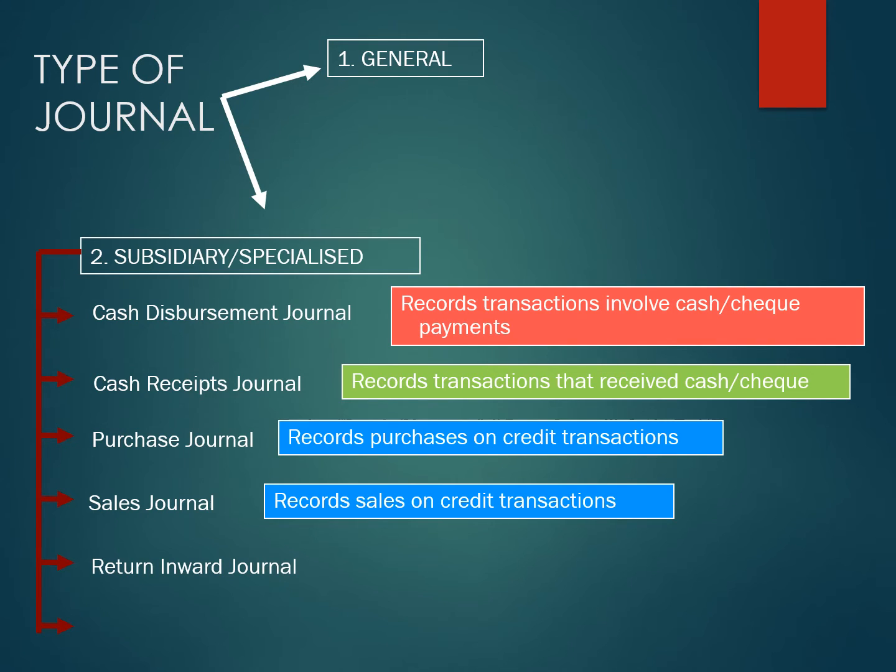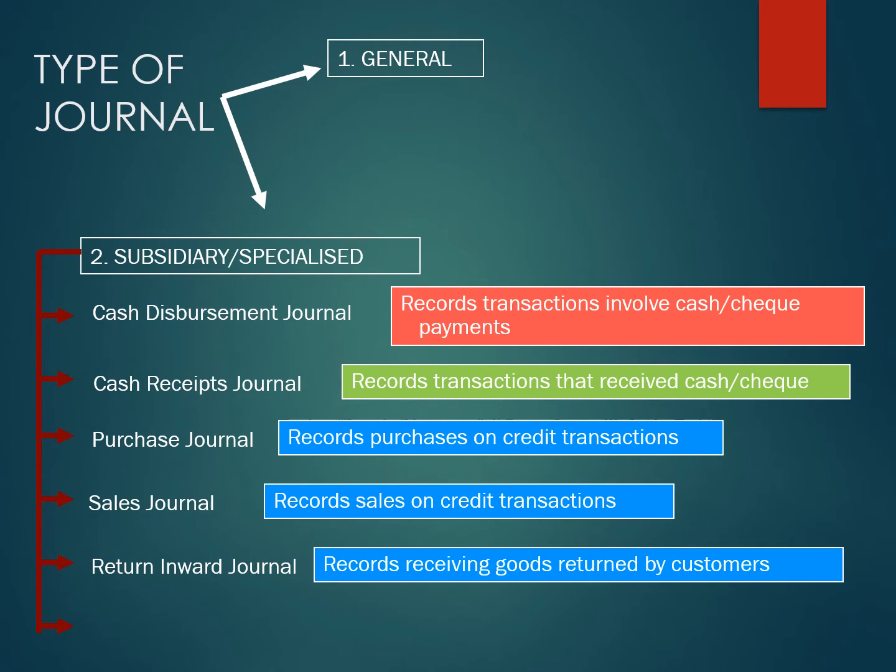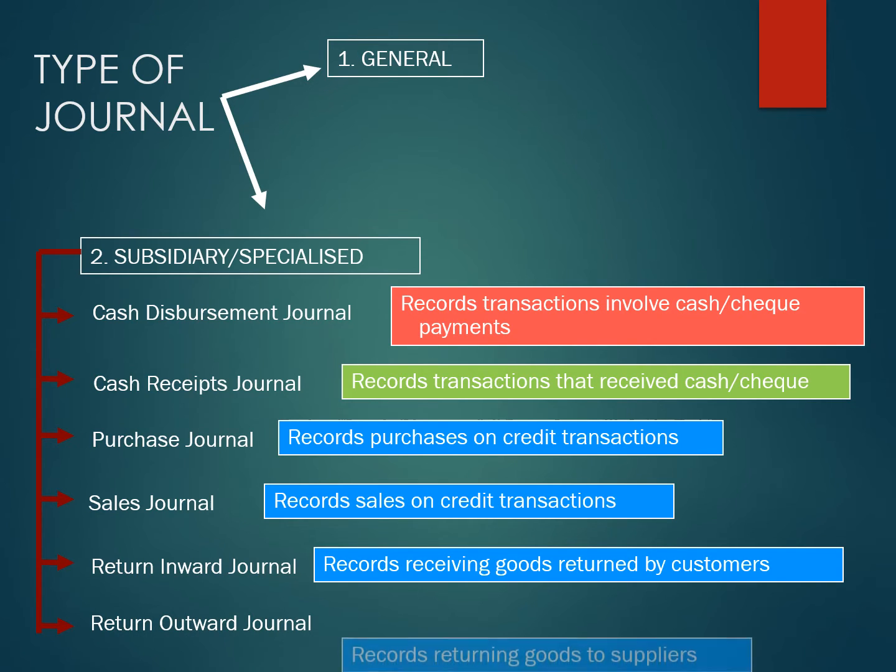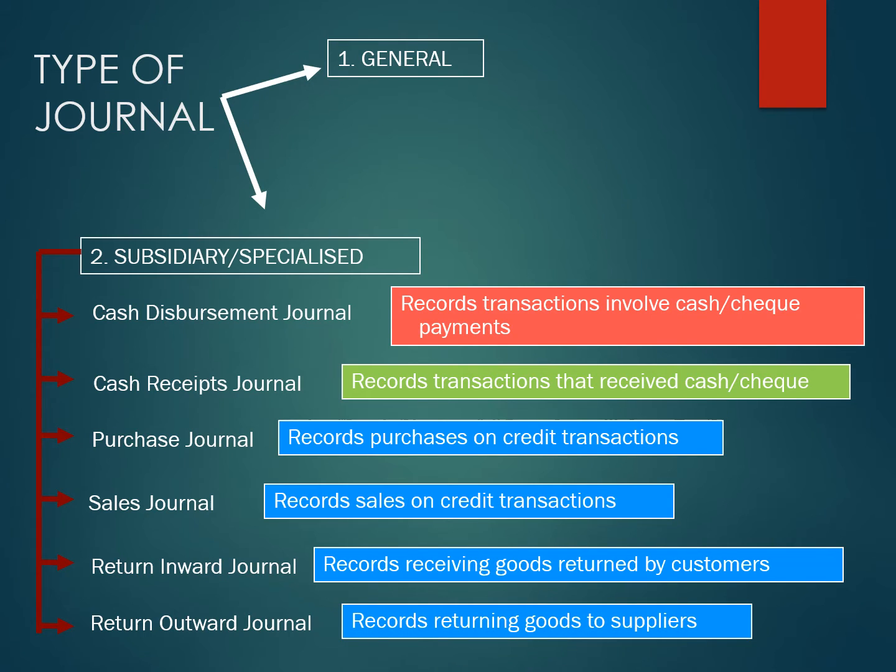Another subsidiary journal is the returns inward or sales returns journal, which records receiving goods returned by customers, and the returns outward or purchases returns journal records whenever we return goods to a supplier.